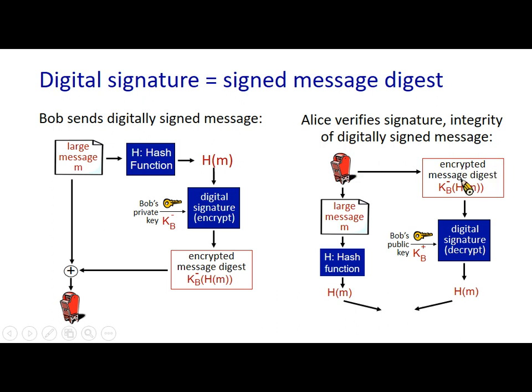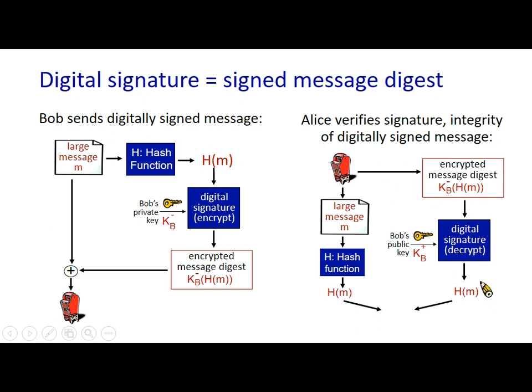One is the encrypted message digest, the hash function of M with the private key applied. And here is the digital signature decryption. We apply the public key to the private key's result, which equals the hash function.